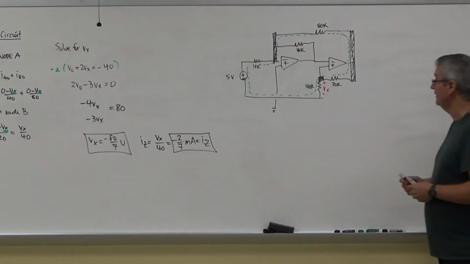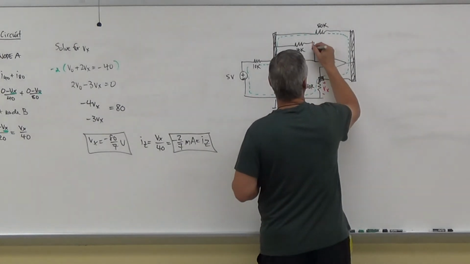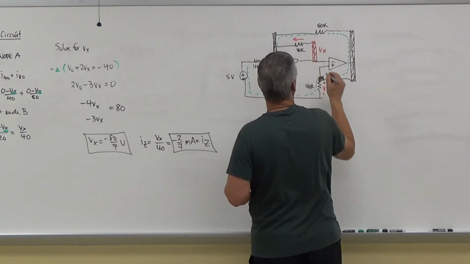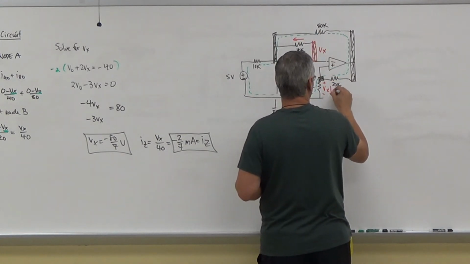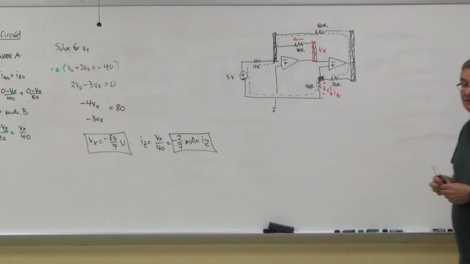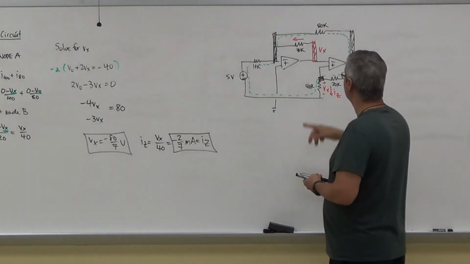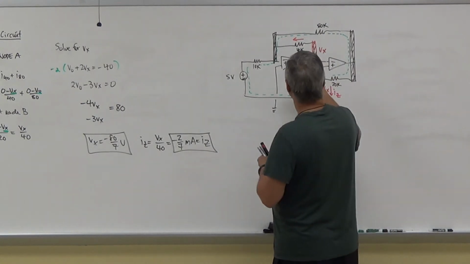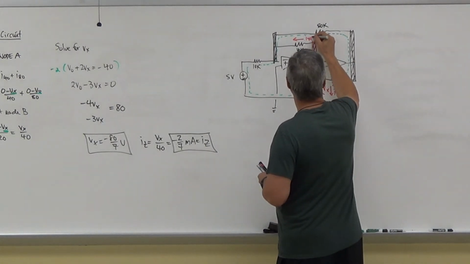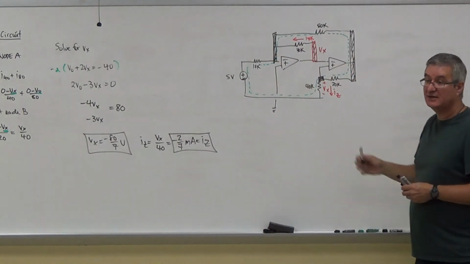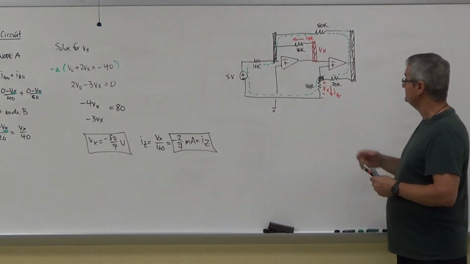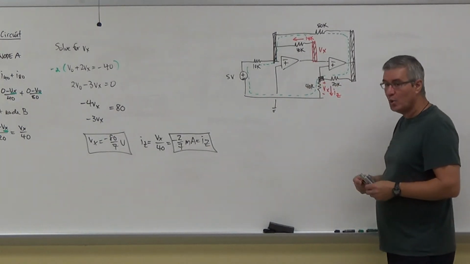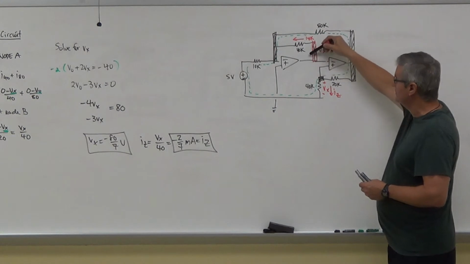So let me say this again. They labeled this guy here as Vx, and they looked at that current, and then they looked at this current, and this current was Iz. And what they immediately said here is that the current of the 40K here going in this direction... So they did not take the approach that I did using KCL. What they did is they focused on this, and the key to the whole calculation was this recognition right there.